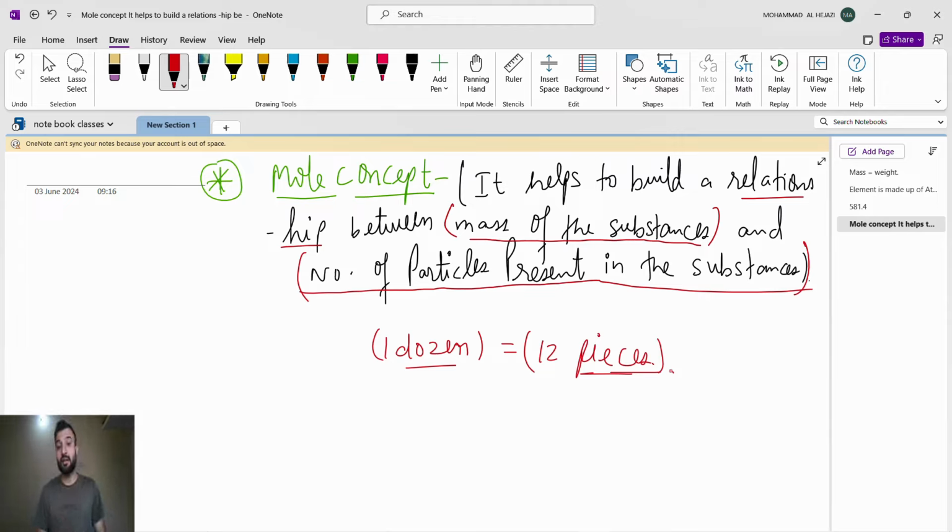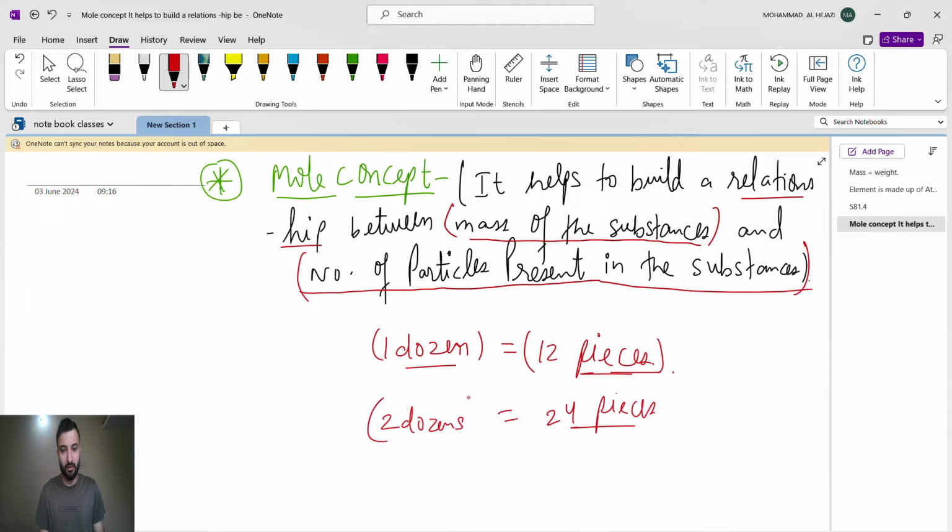So remember, if I give you the mass of a substance, you can say how many particles are present in this substance. Like that only. If I say 1 dozen, you say 12 pieces. Same if I say 24 pieces, that means 2 dozen, because 1 dozen is 12 pieces.